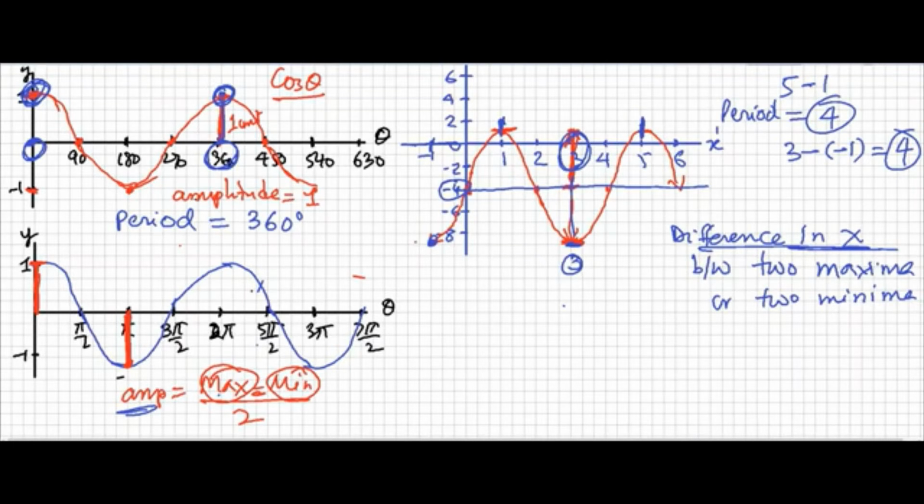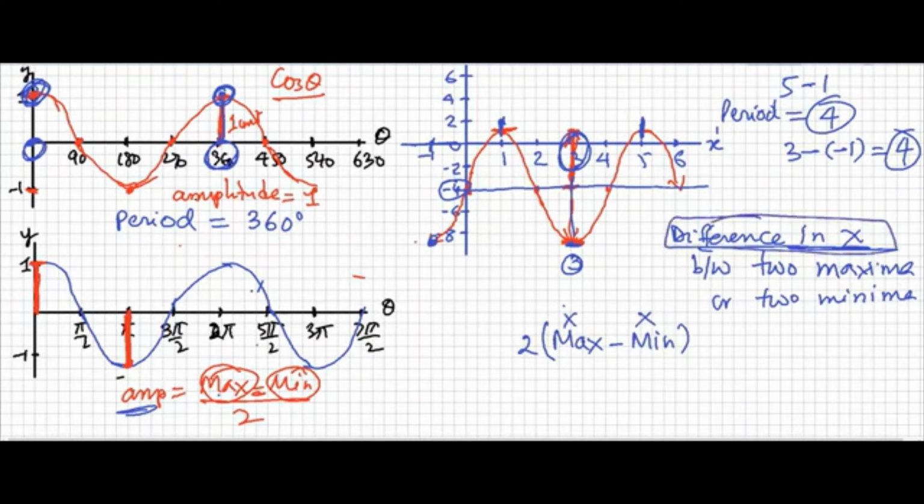So if you want to use one maximum and one minimum, the formula is maximum minus minimum, multiplied by 2, right? Maximum means only x values, no y values, because we said it is difference in x value.